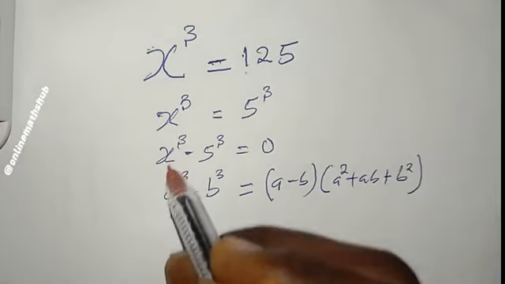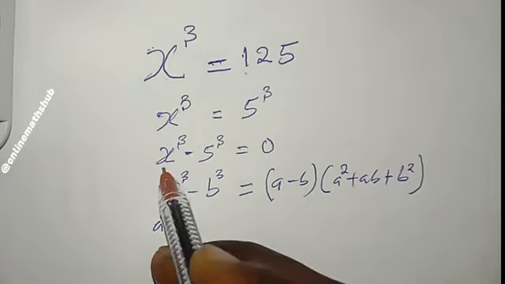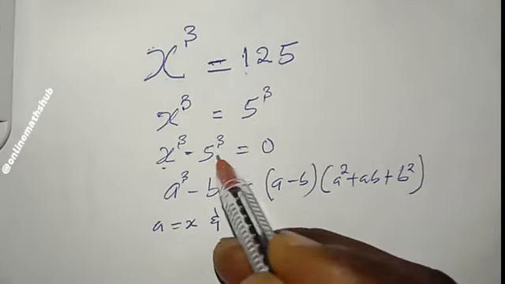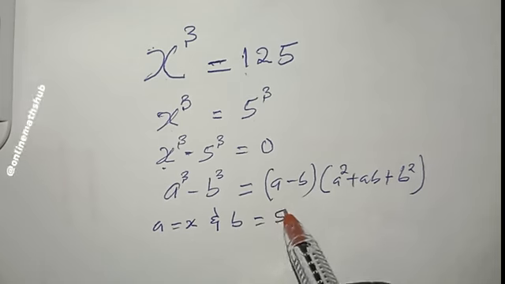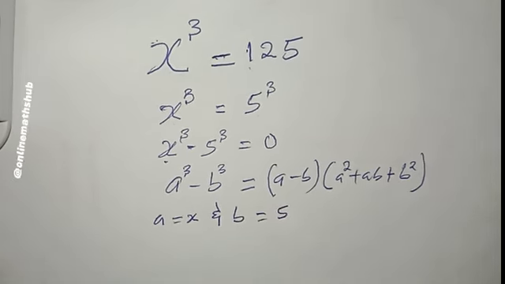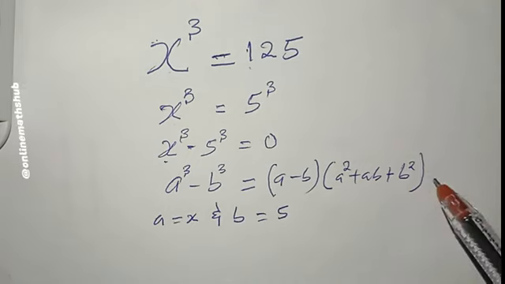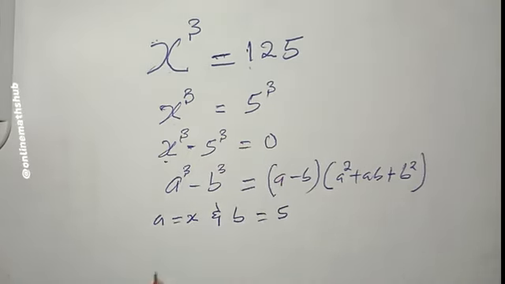In this case, you can see that our a is equal to x and our b is equal to 5. So I'm just going to use this expansion rule to expand what we have right here.